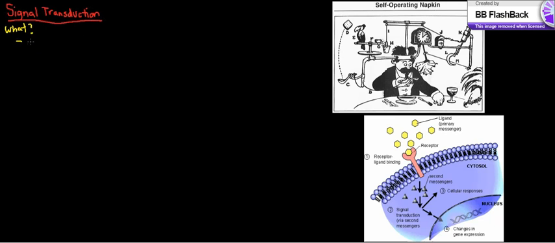Signal transduction is basically when you take an extracellular chemical messenger, usually some sort of molecule, what we refer to as a ligand in a chemical reaction. This extracellular messenger is going to activate a particular receptor on the cell membrane.